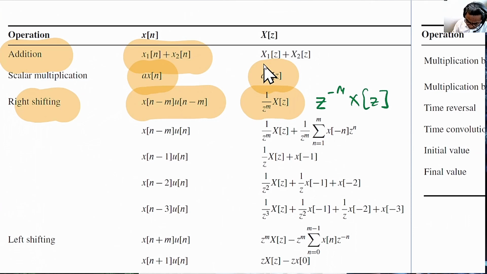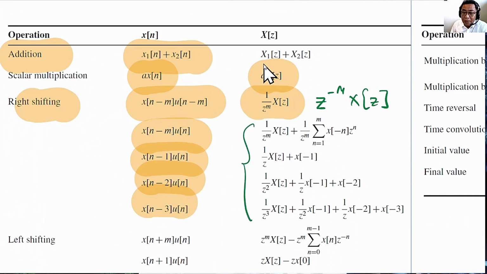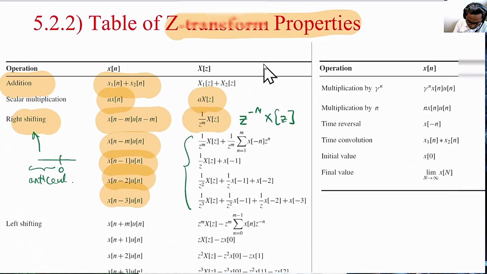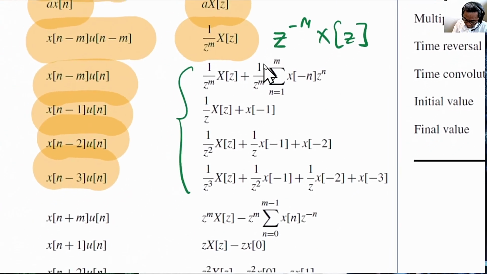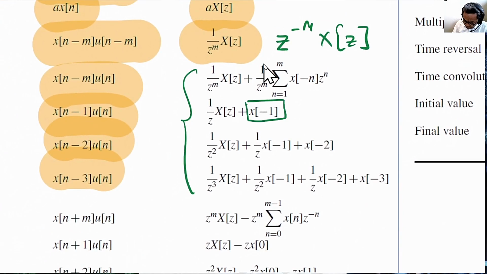Now, the following entries deal with these issues where the entries of x exist originally on the left hand side, which is the anti-causal part, and because we are doing right shifting, these entries will be moved to the right hand side. So we have to take care of these entries later on.